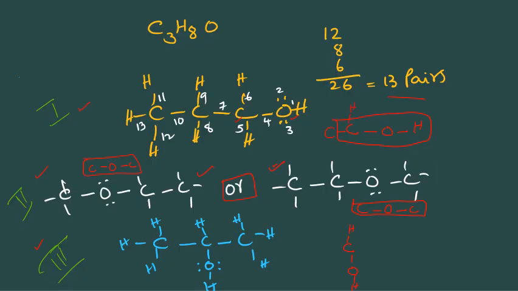And another hydrogen here, another hydrogen here. So that means this carbon is connected to another carbon and another carbon. So this carbon is different. So this is surrounded by two hydrogen and one carbon, whereas this carbon is surrounded by another carbon and another hydrogen. So that is why this is an isomer of C3H8O.